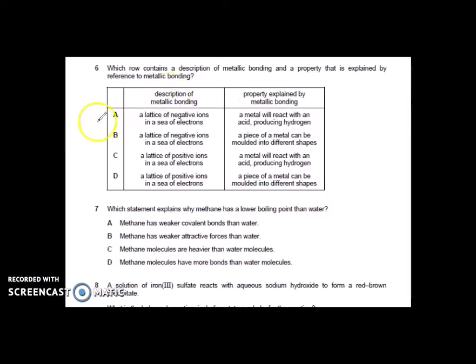Okay, for number 6, which row contains a description of metallic bonding and a property that is explained by reference to metallic bonding?